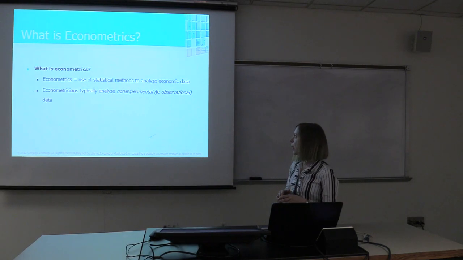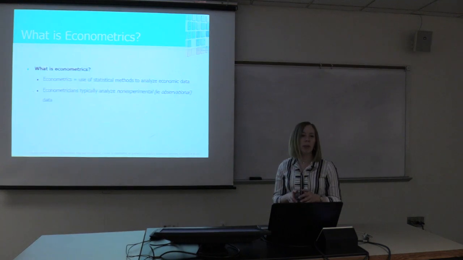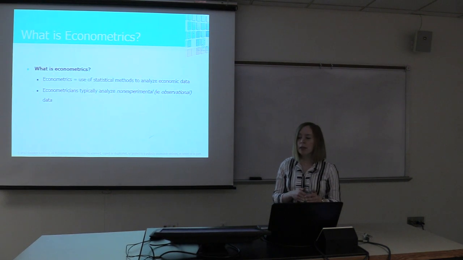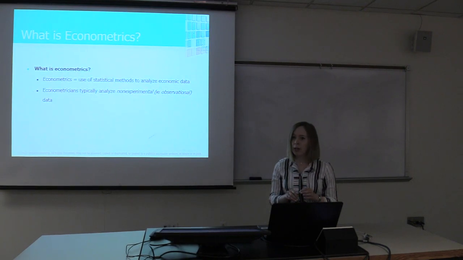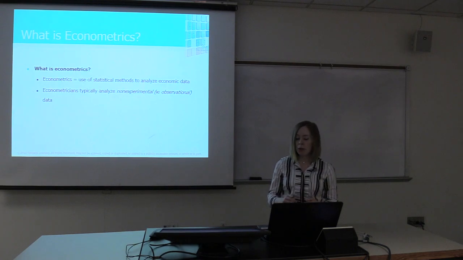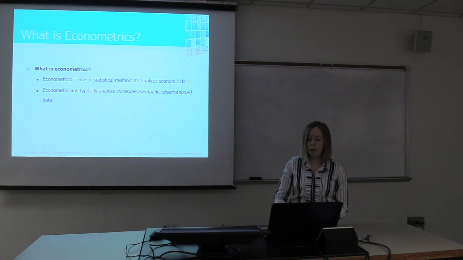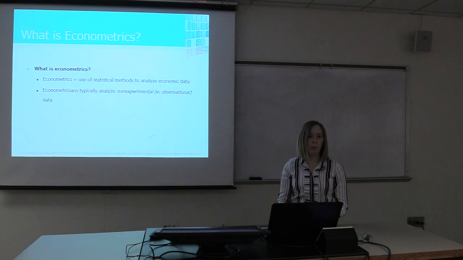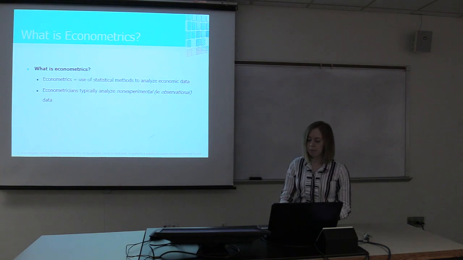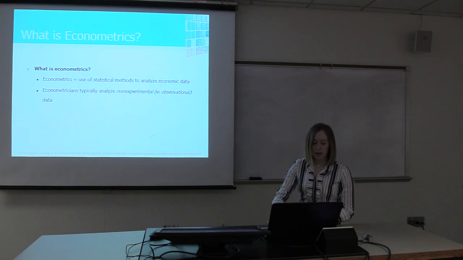But in economics, usually we have no ability to make a person make $50,000 a year or make a person get a certain amount of education. So we don't really have control over the setup, so we're really just observing what has already happened. And that can be a challenge, so that's one of the things we're going to talk about.